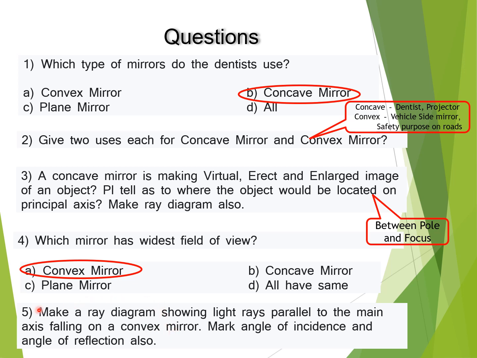When the object is placed at infinity, the incident rays are parallel to the main axis and fall on the reflecting surface of the mirror and diverge. So we can make that, and we can make the angle of incidence and angle of reflection also by drawing the perpendicular first and then of course the angle.